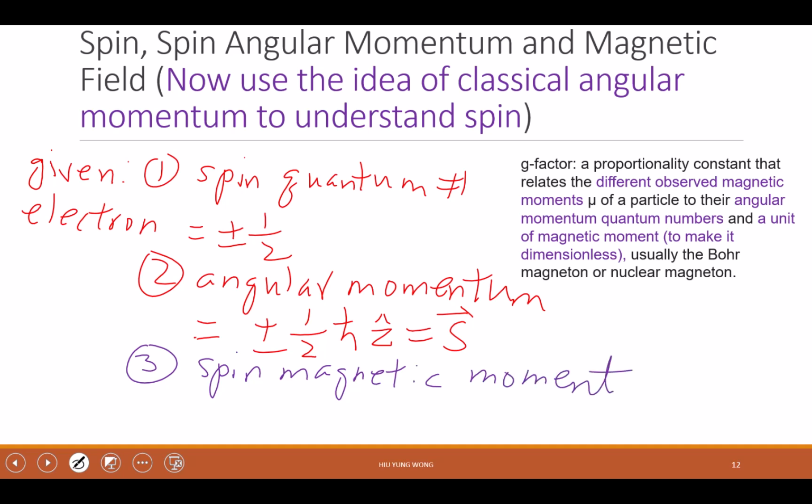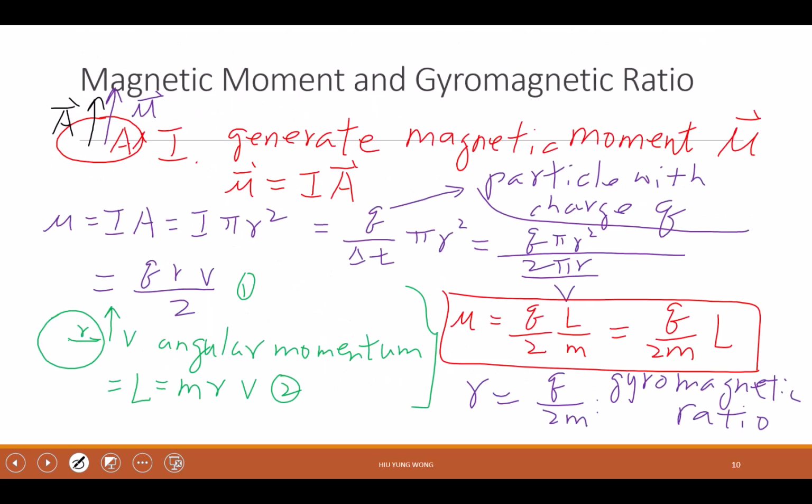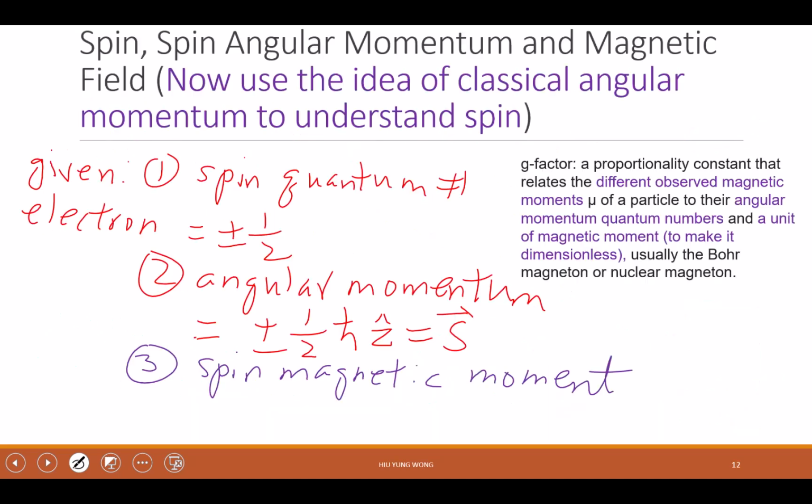What is the size of the magnetic moment? Can you guess? Based on what we learned, it must be related to the gyromagnetic ratio of that particle times the angular momentum. Okay? So this is again given, right?